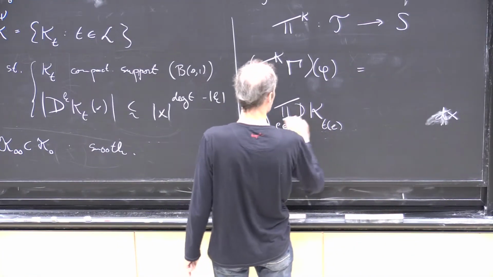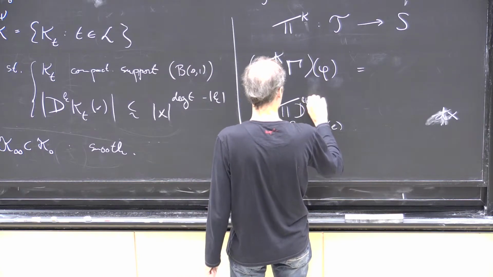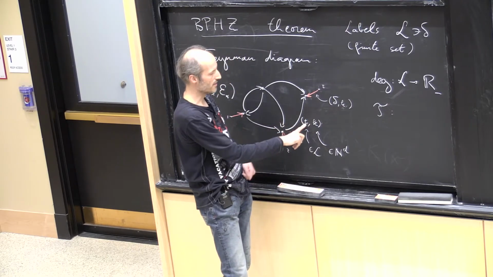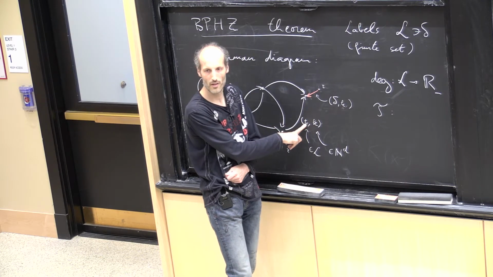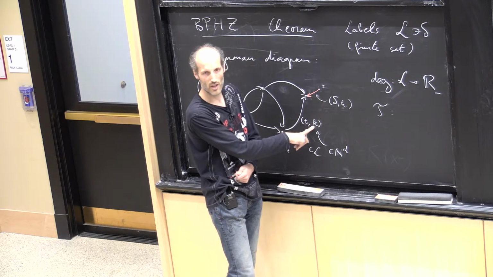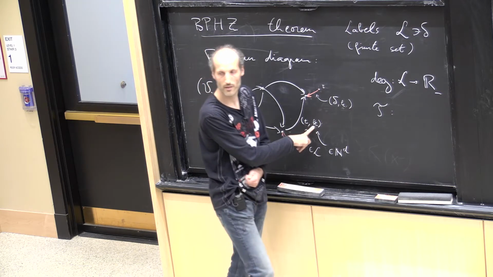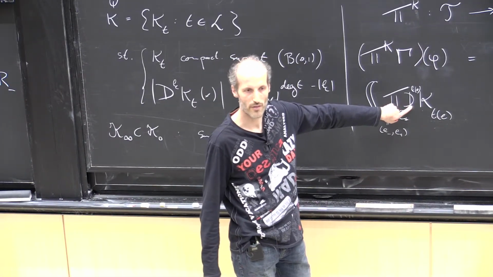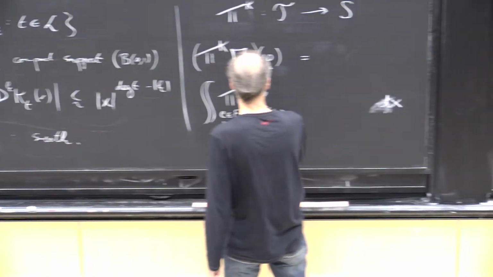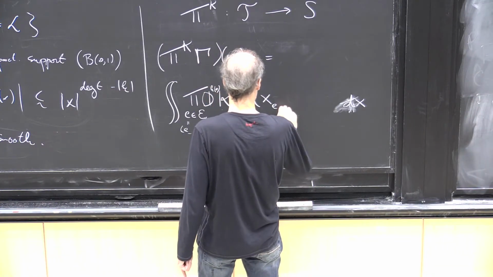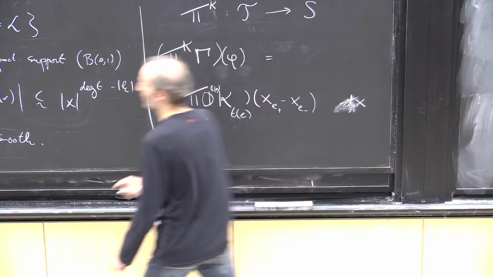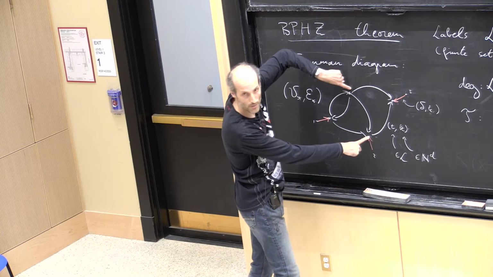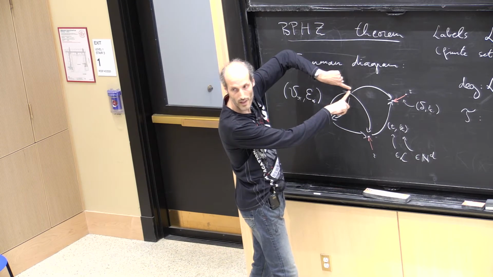Well, you differentiate it as often as that label tells you. So each edge now has a label which tells you which kernel you consider, and it also has a multi-index which tells you how often you differentiate it. So you take the corresponding kernel, you differentiate it the corresponding number of times, and then you evaluate it at x e plus minus x e minus. So for every edge, you evaluate the corresponding kernel at this coordinate minus this coordinate here.